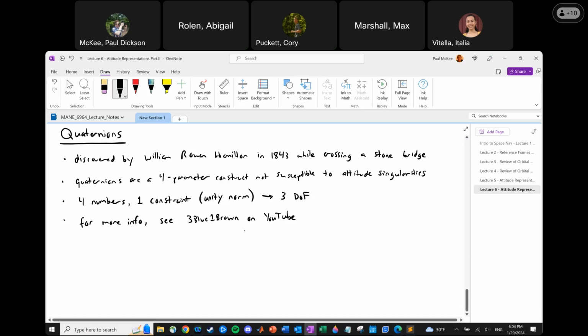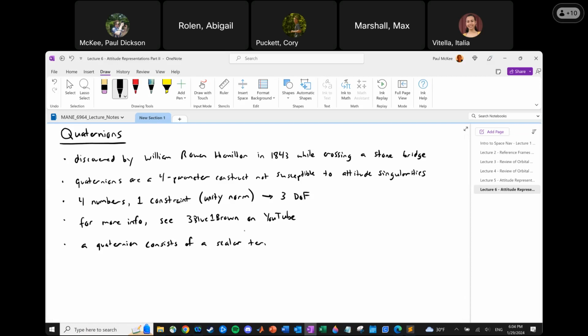Anyway, what we're going to be doing is looking at this. A quaternion in our class consists of a scalar term and a vector term. Okay. Now, this is where we have to be careful. Some people use Q0 for the scalar term.